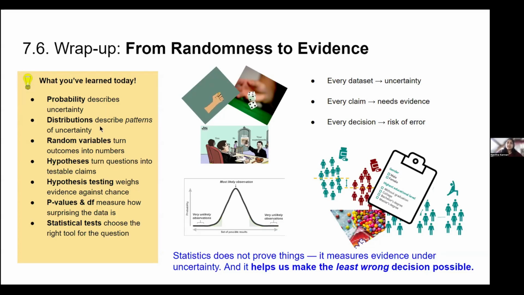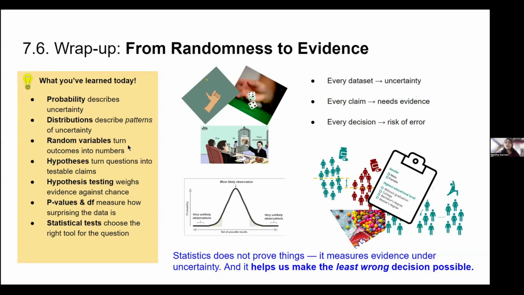And distributions are a bigger extension of what we understand about probability, so they describe patterns of uncertainty. When you're thinking about distributions, you're looking at random variables where you turn outcomes into numbers. You say heads is 1, tails is 0, so you're putting that into numerical concepts.